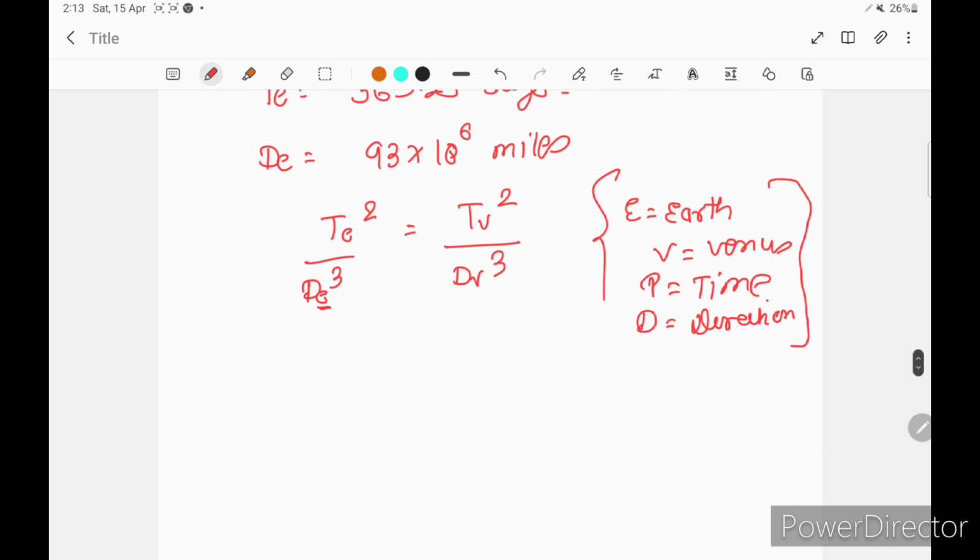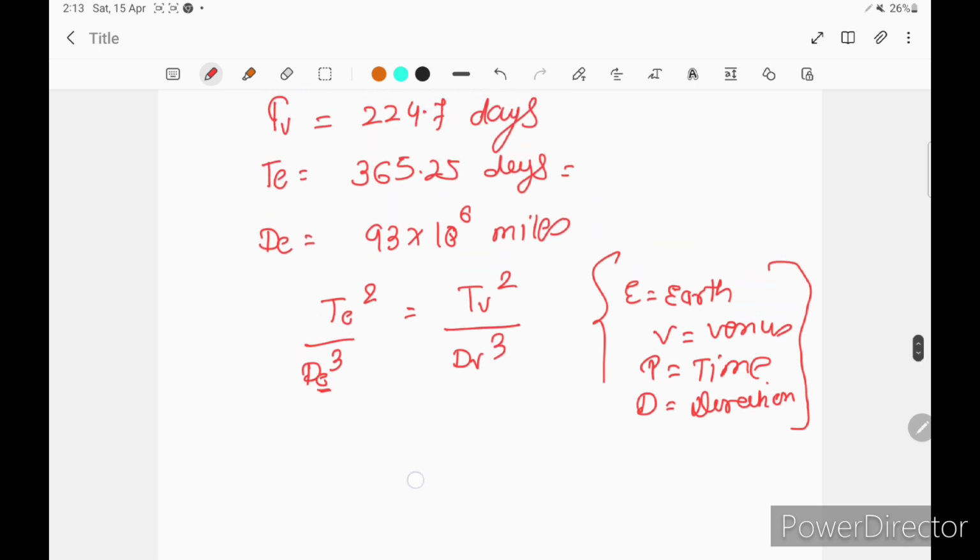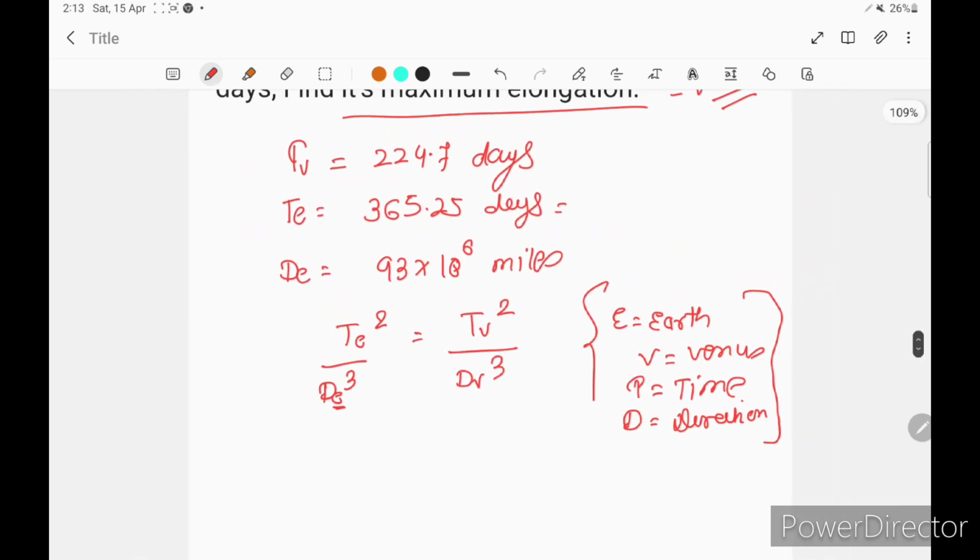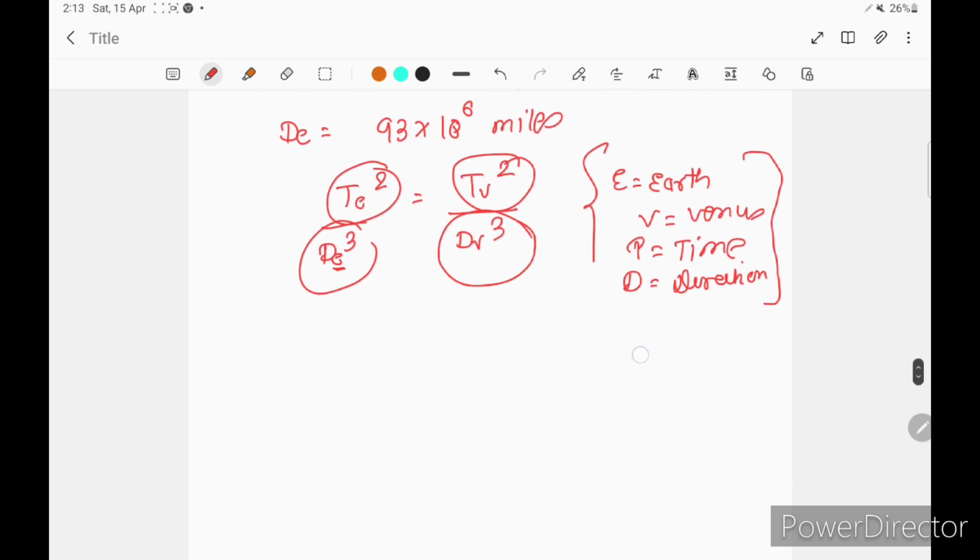So we put the formula. Now put the values. First we think what we have and what we need to find. TV we have, TE we have, DE we have. So we have to find the distance of Venus, and then the maximum elongation. DV cubed is equal to, by cross multiplication, multiply by this, divide by this.